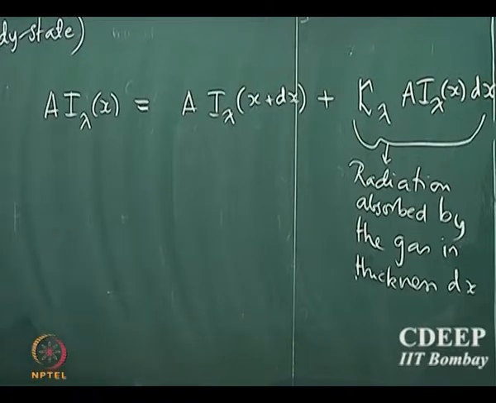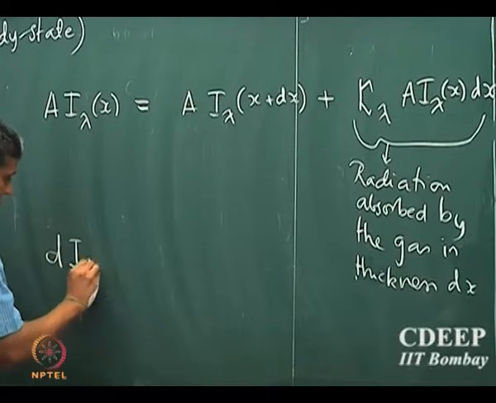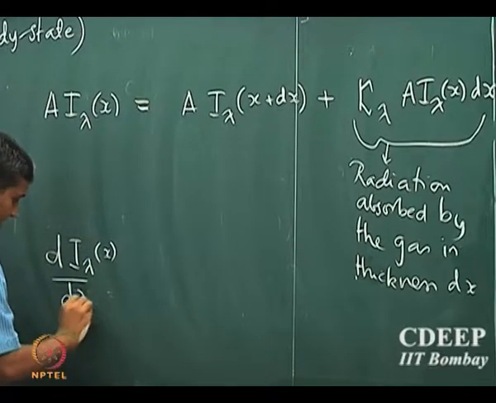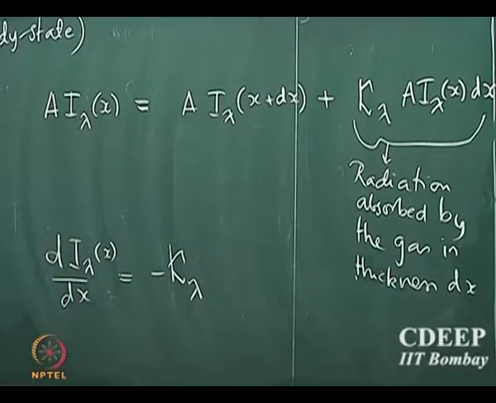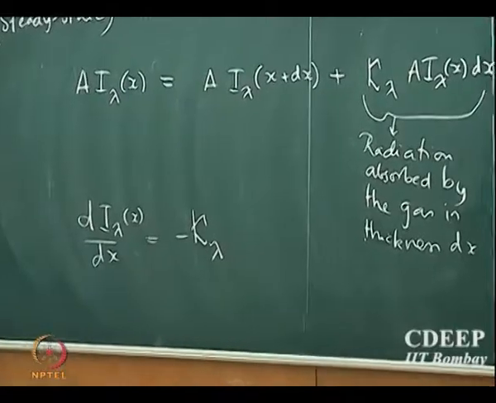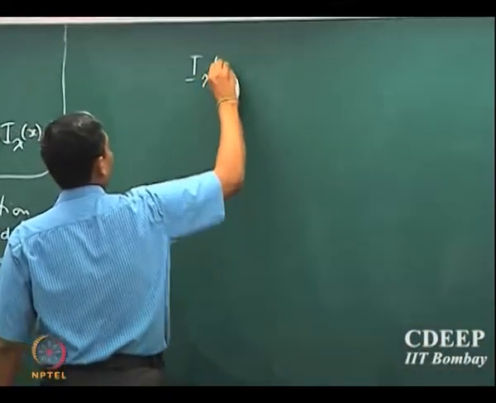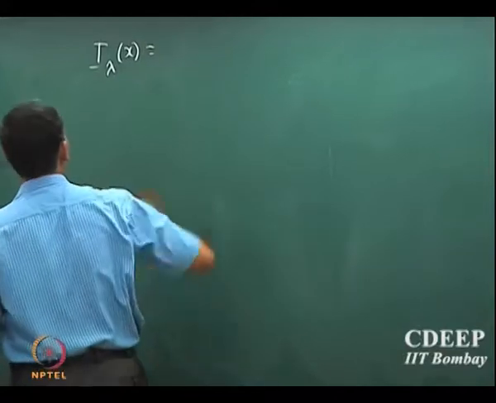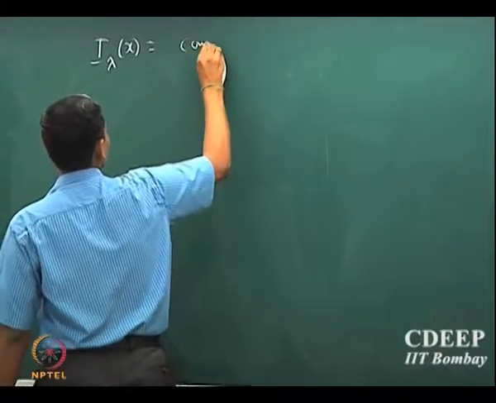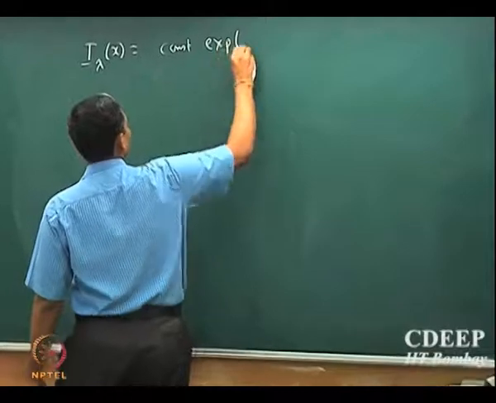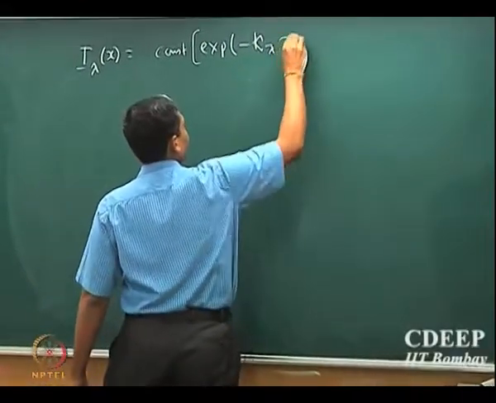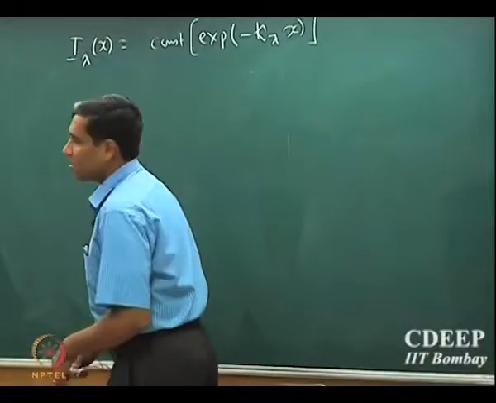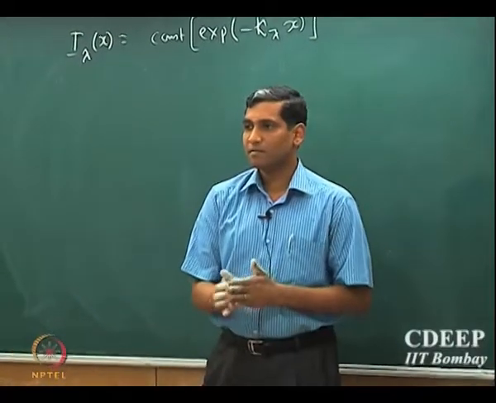After simple algebra, we can rewrite this as d I lambda x by dx equal to minus kappa lambda I lambda x, okay. I can solve this equation: I lambda x equal to some constant into exponential of minus kappa lambda into x. How do we find this constant?